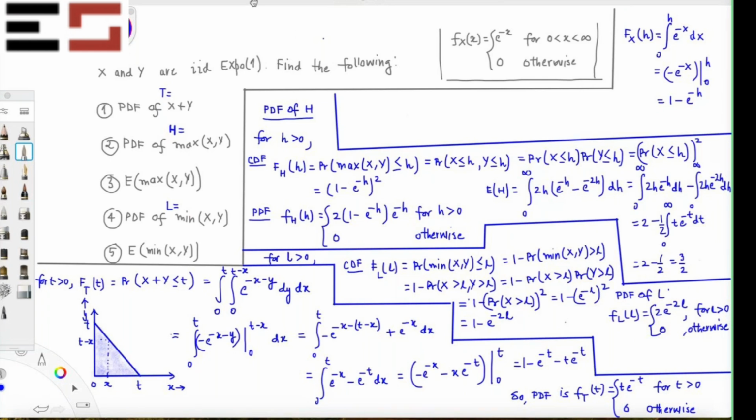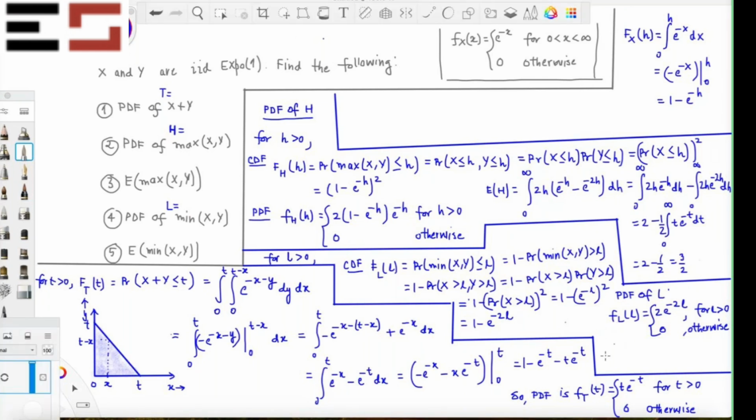And now you can actually figure out the expected value of L. And we just did this, right? This is half, right? Is that fine?